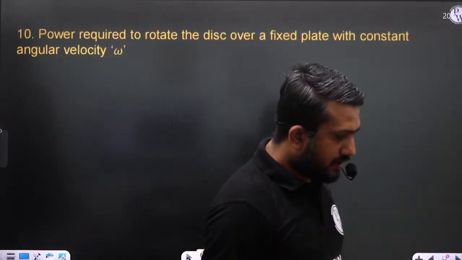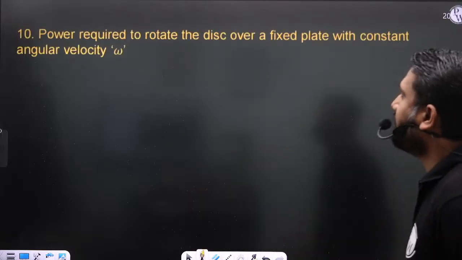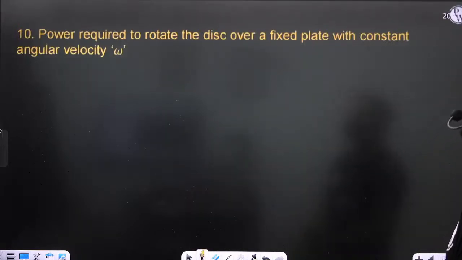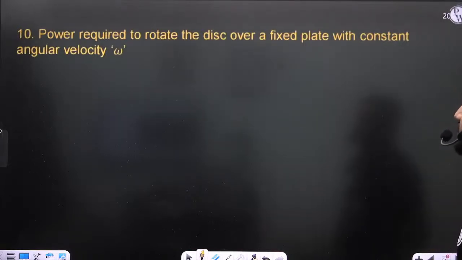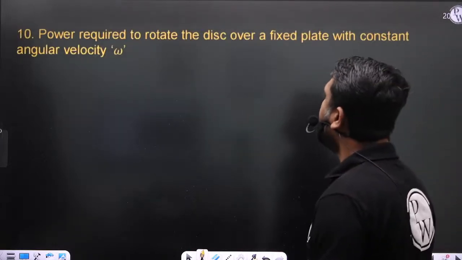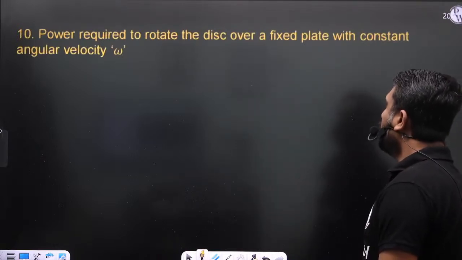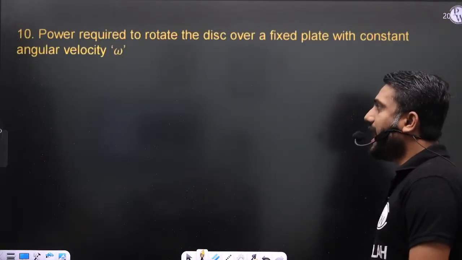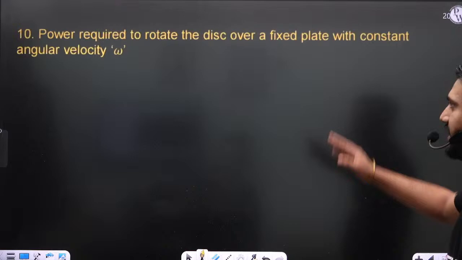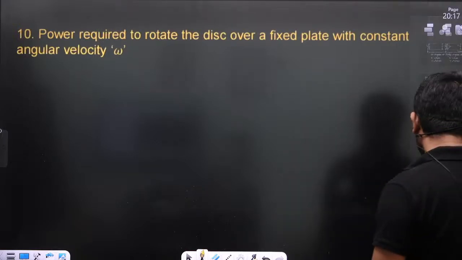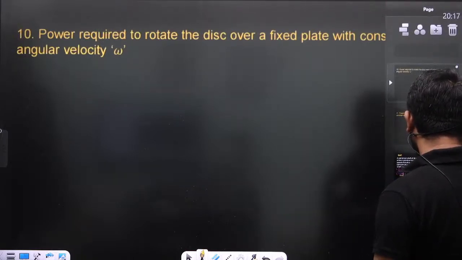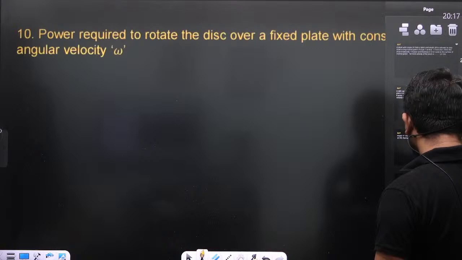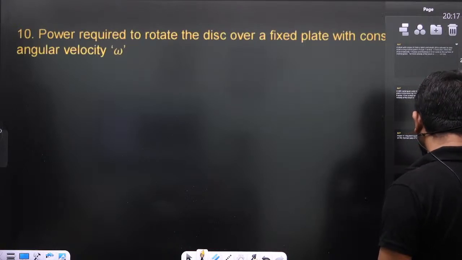Okay. Now come to the last case. Case number 10. Power required to rotate the disc over a fixed plate with constant angular velocity omega. For this case, we can solve one problem.